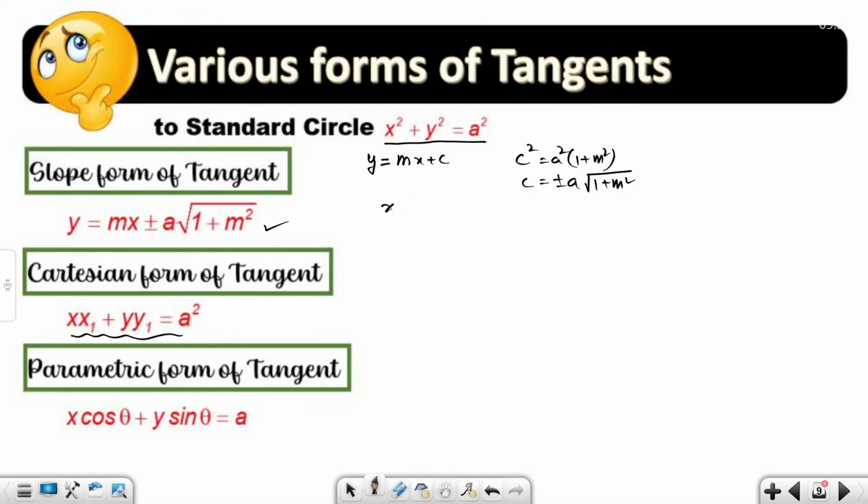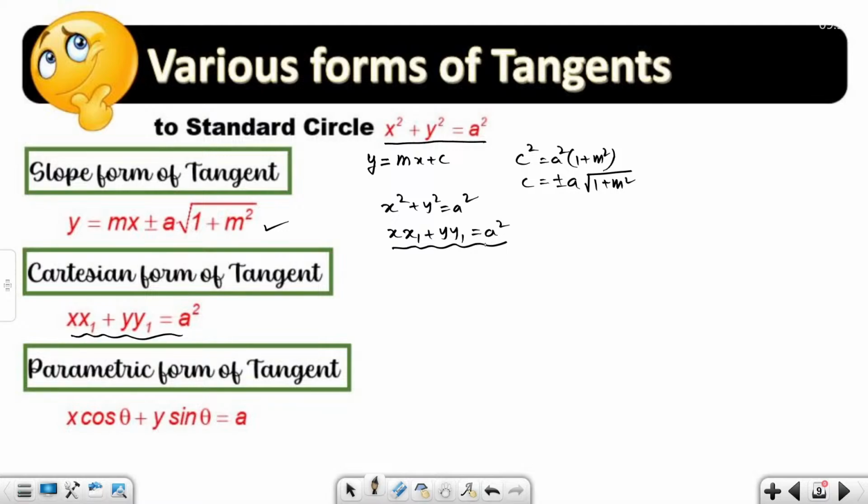The standard circle is x square plus y square equals a square. As I told you, to find out the Cartesian form of the tangent, you simply replace x square as x x1 and y square as y y1, equals a square. And this will be the equation of the tangent.